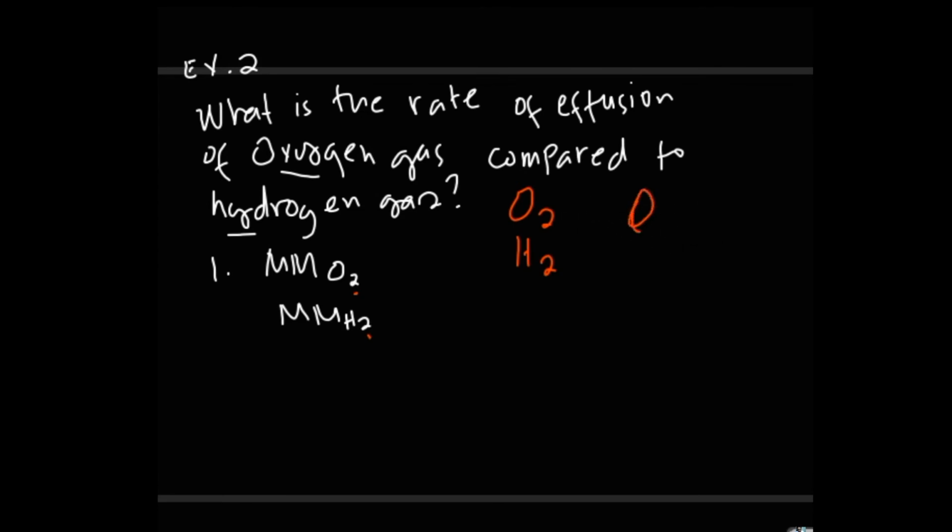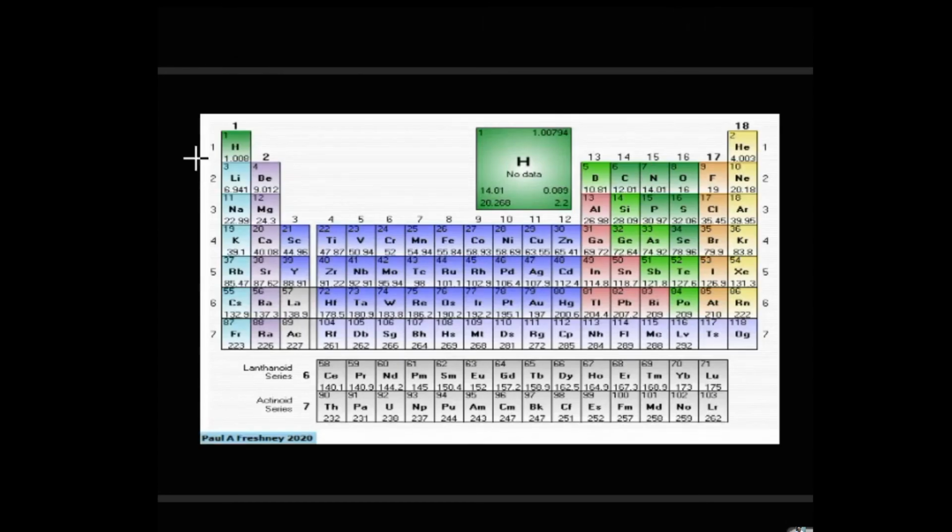What do you mean by diatomic? An oxygen atom exists with another oxygen atom. Same with hydrogen, it exists with another hydrogen atom. They always come in pairs. That's why they are called diatomic molecules. So, be careful. When you look at the periodic table, you will see hydrogen having an atomic mass of 1, and oxygen is 16.